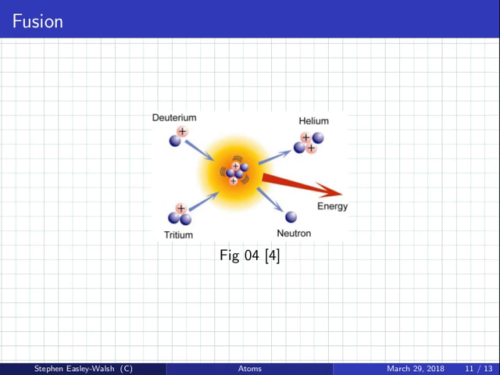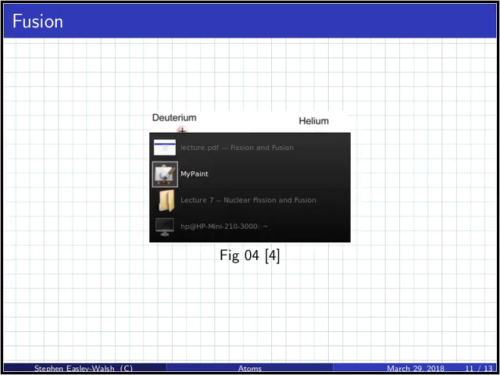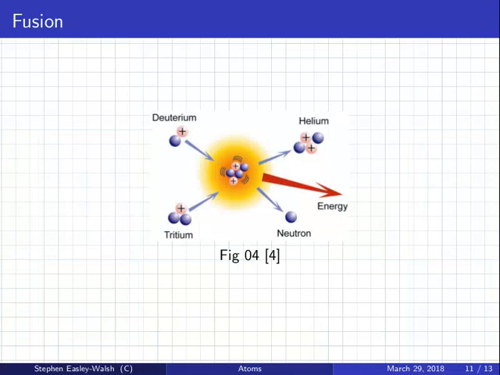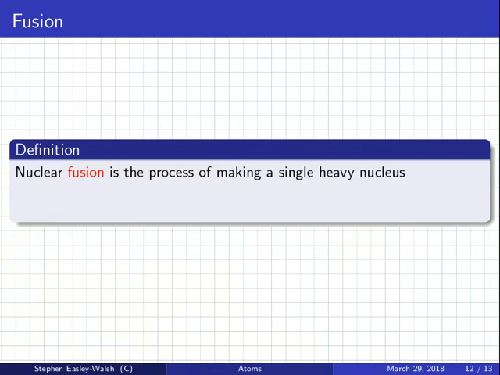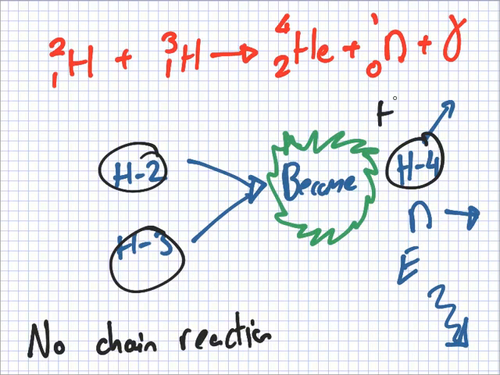Yeah, so the formal definition of fusion now. Nuclear fusion is the process of making a single heavy nucleus from two lighter nuclei. In this picture, you made this heavy nucleus from these two lighter nuclei. Can you see how that's the opposite of fission?